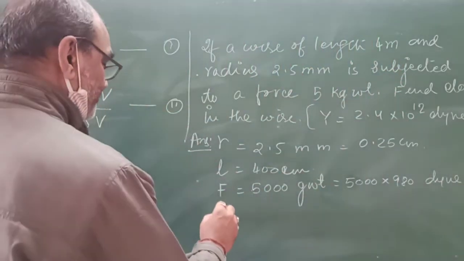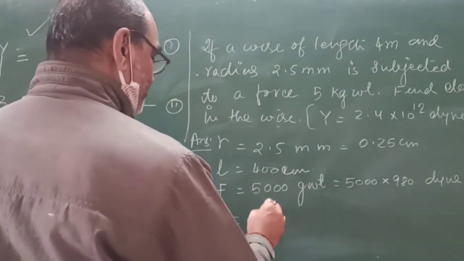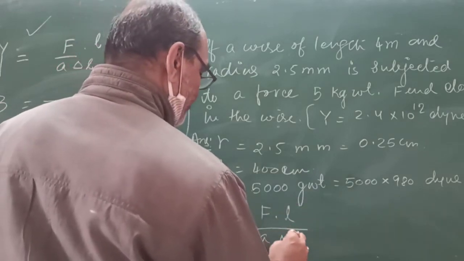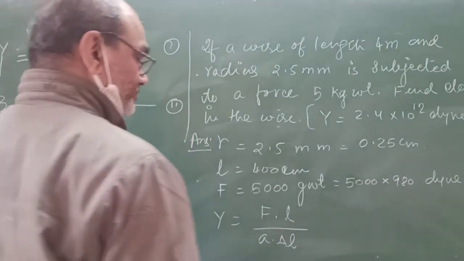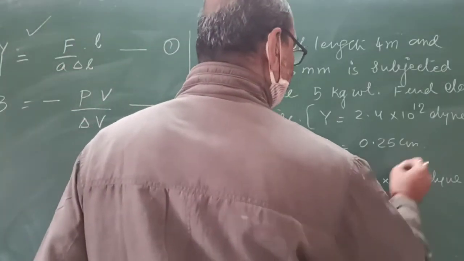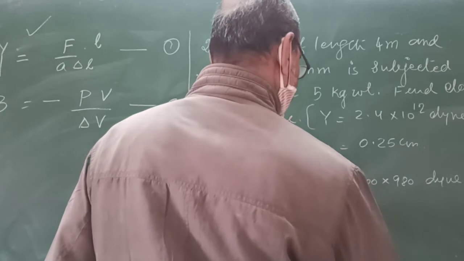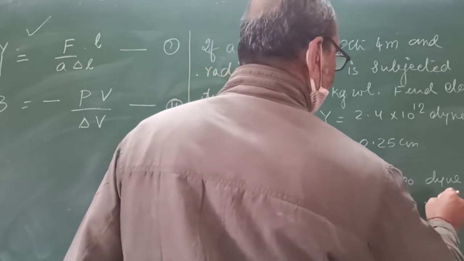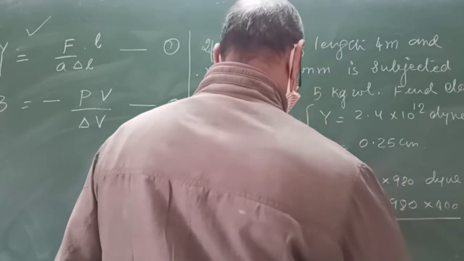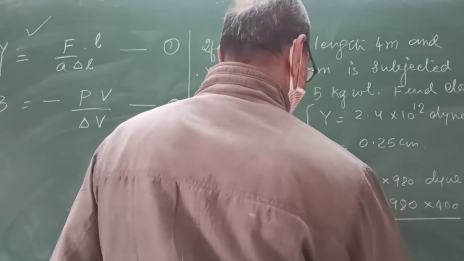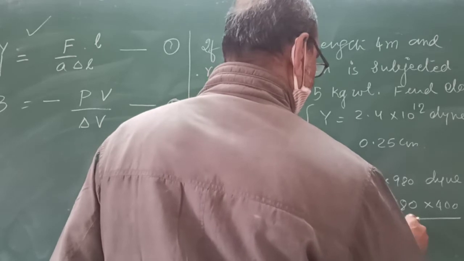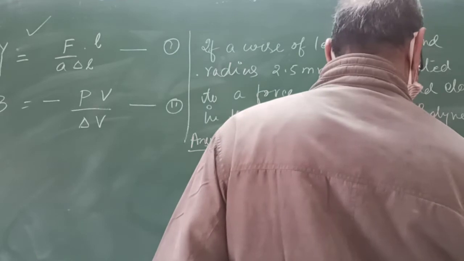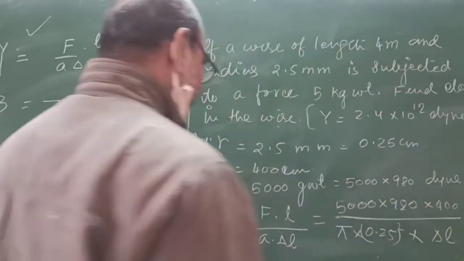Therefore, we apply the formula Y is equal to F into L by A into delta L. F is equal to 5,000 into 980 multiplied by 400, divided by 3.14 into 0.25 whole square into delta L. This delta L we have to find out.